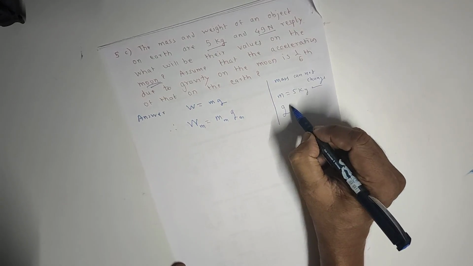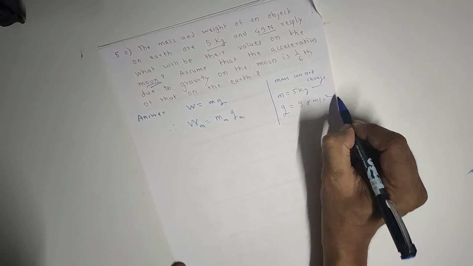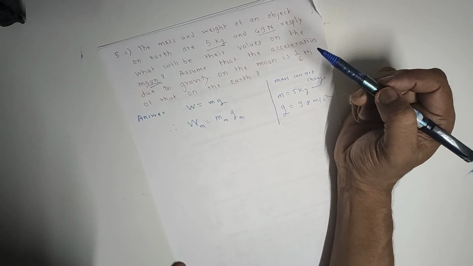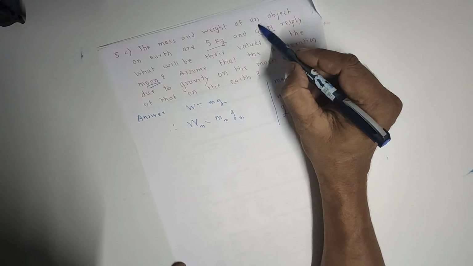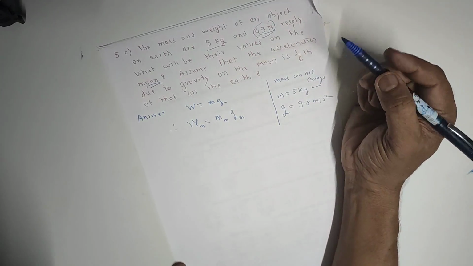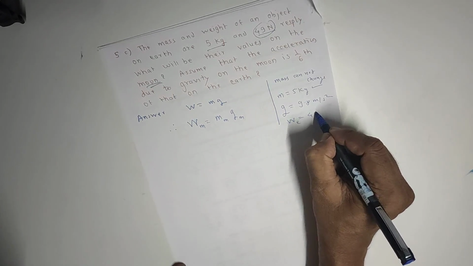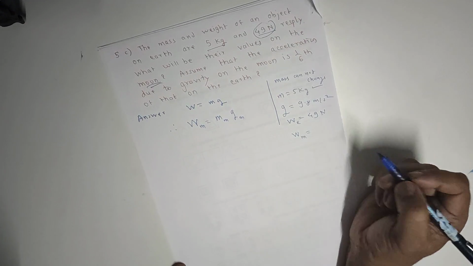We know that g is 9.8 meter per second square on the earth. But here what we are given, 49 Newton is the weight on earth, meaning W on earth is 49 Newton. Therefore what will be W on moon?